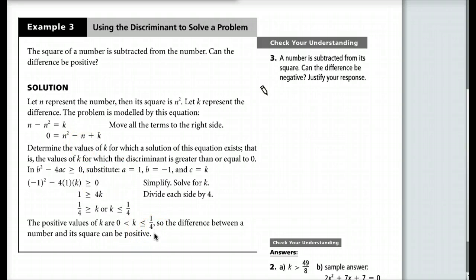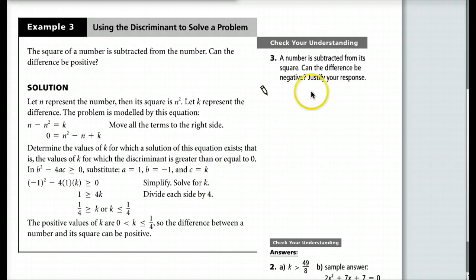Since we have a solution for n, that means it is possible for a number to have its square subtracted from itself and get a positive difference.